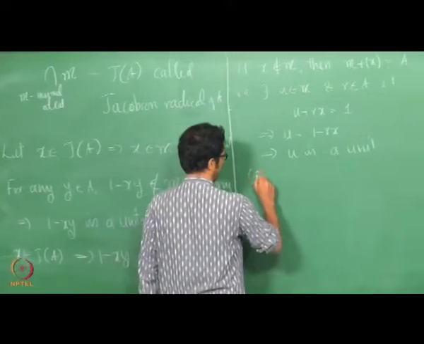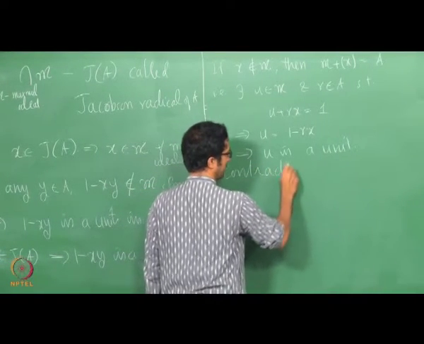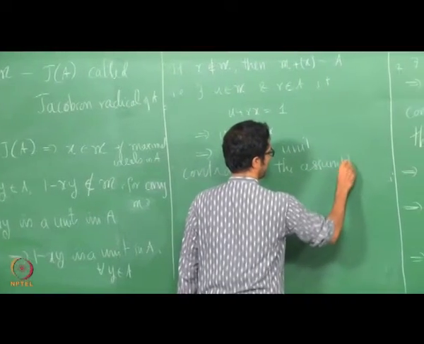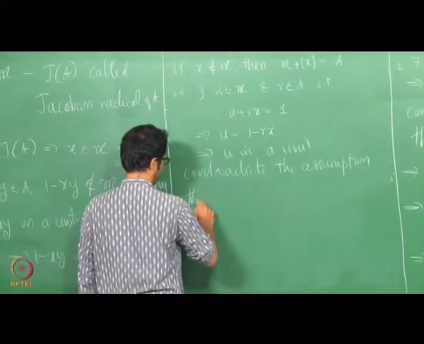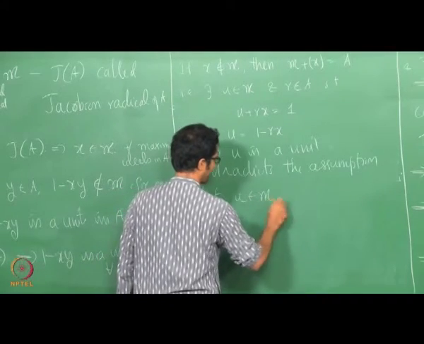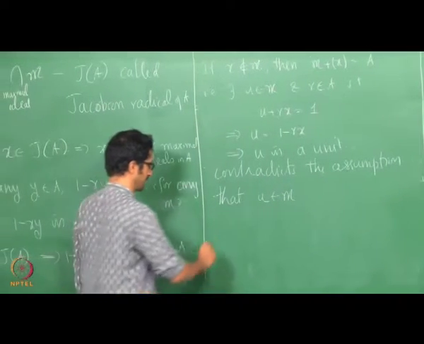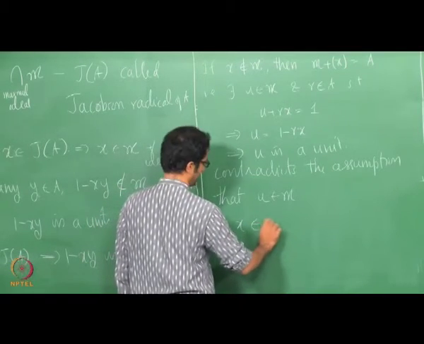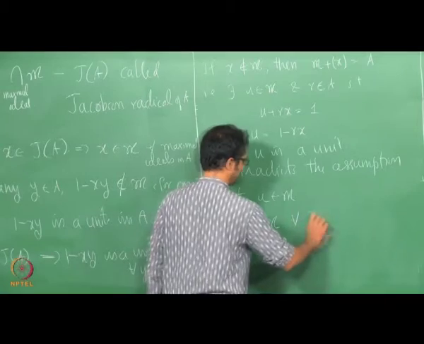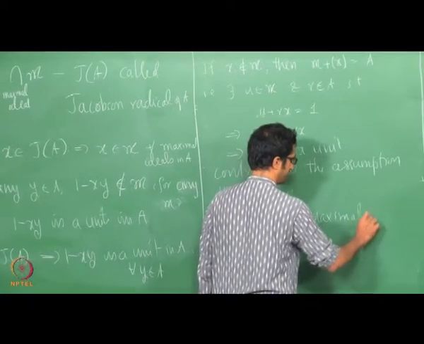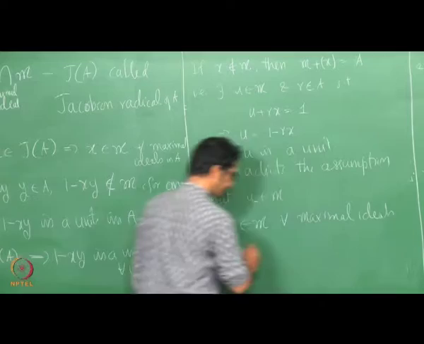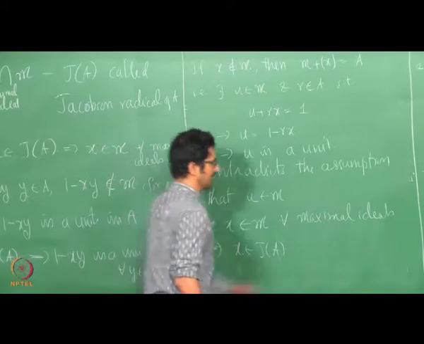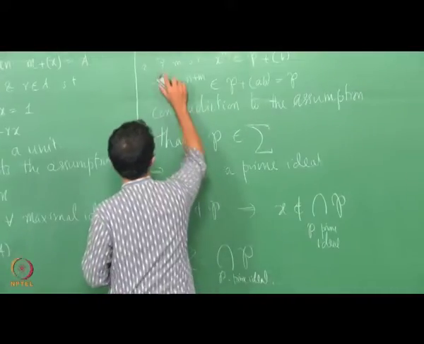That is a contradiction, since u belongs to the maximal ideal M. So, this implies that x is there in all maximal ideals, that implies x is in the Jacobson's radical.